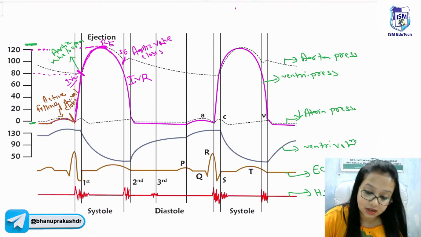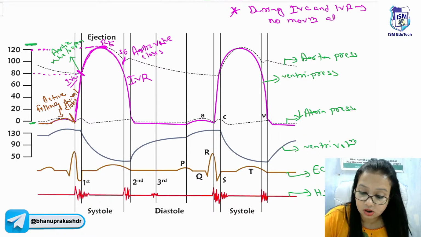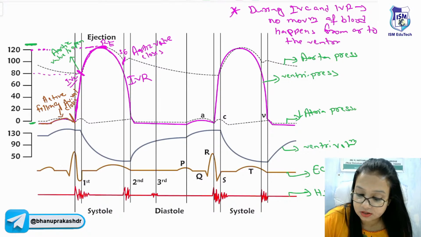So, remember another point: during isovolumetric contraction and isovolumetric relaxation, no movement of blood happens from or to the ventricles.